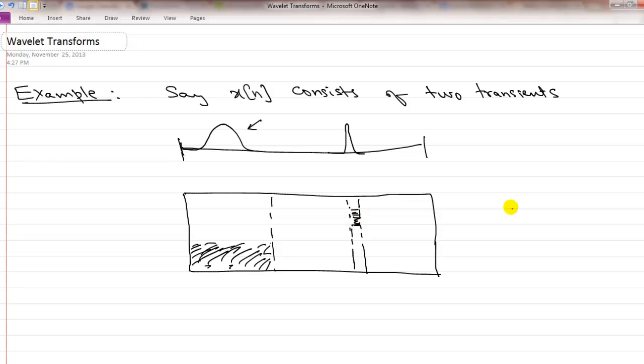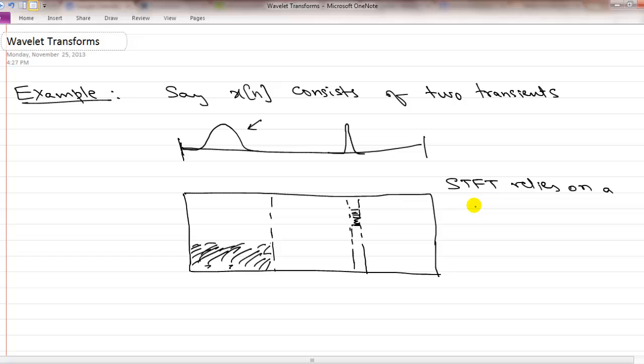Now, the short time Fourier transform that you constructed, it is of course based upon some window. So the short time Fourier transform relies on a window w[n], and based upon the length of the window, simultaneously is going to set your time resolution and your frequency resolution.